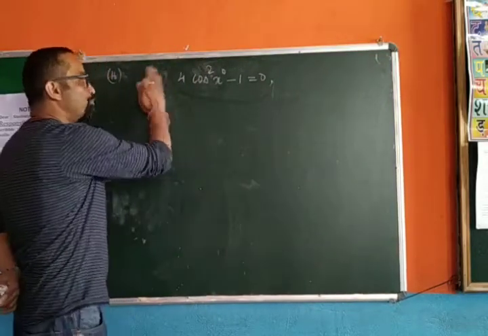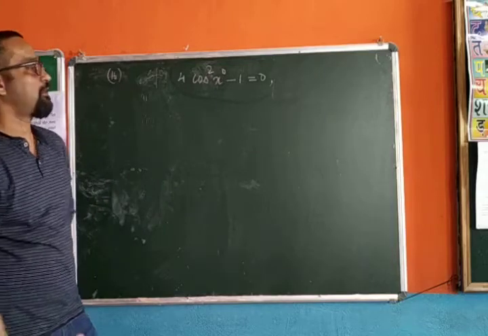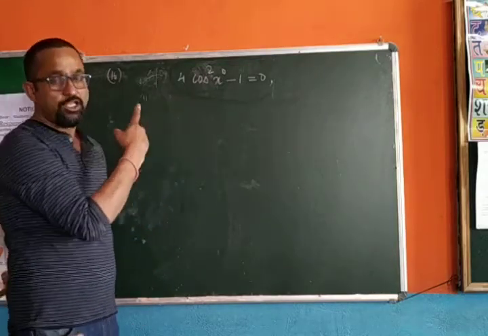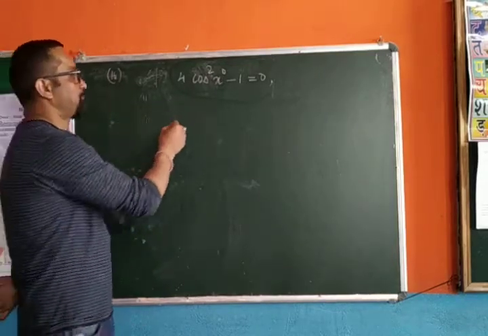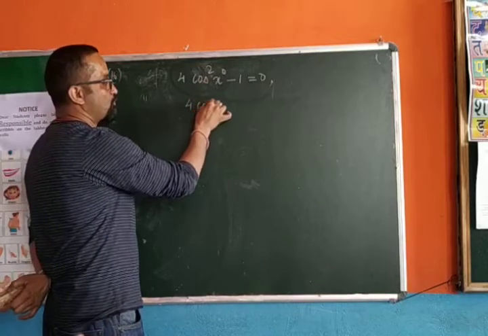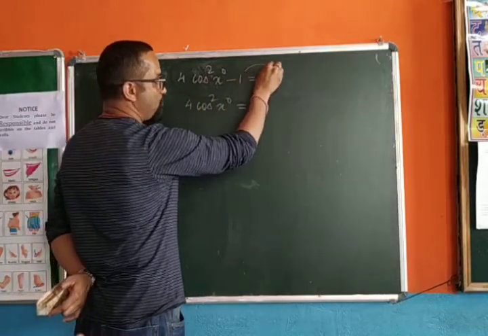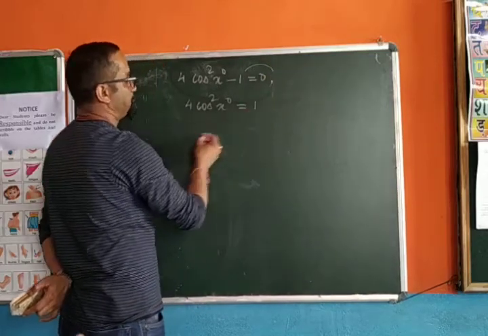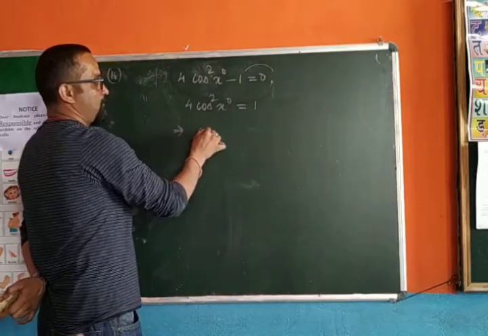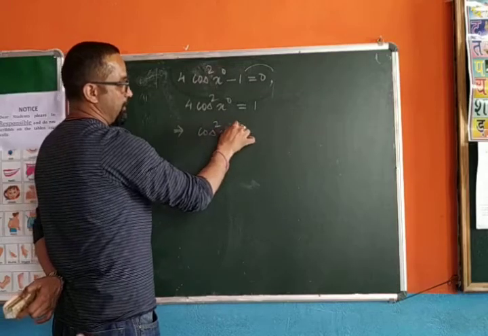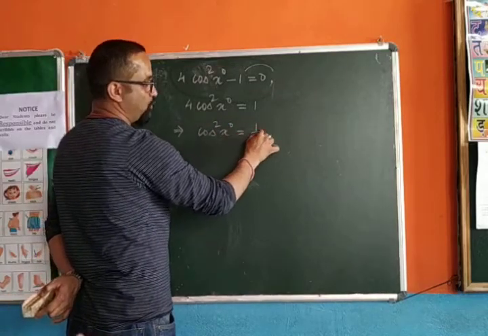So we copy the given term. And please pay attention to understand this. 4 cos square x degree equal to 1, take 1 on the right hand side. Cos square x degree is equal to 1 upon 4.